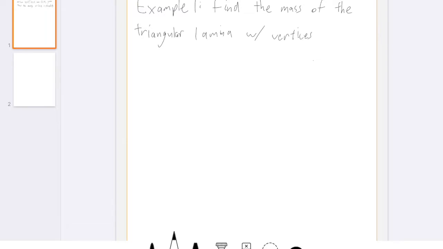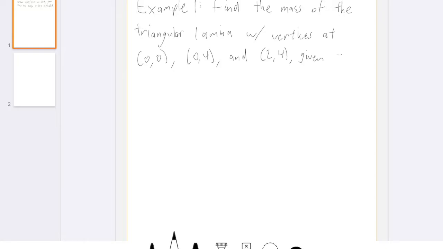Okay, on to example 1. Find the mass of the triangular lamina with vertices at 0, 0, 0, 4 and 2, 4.